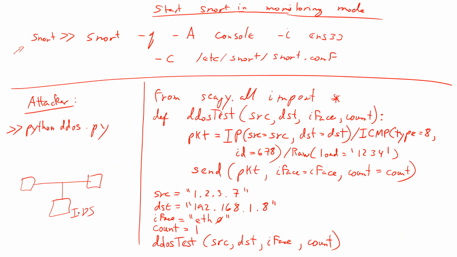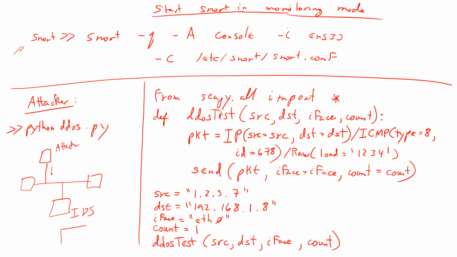You turn it on, and it's just a terminal waiting there. Nothing should happen. Then you run this code on an attacker, so maybe another computer, or you simulate one.